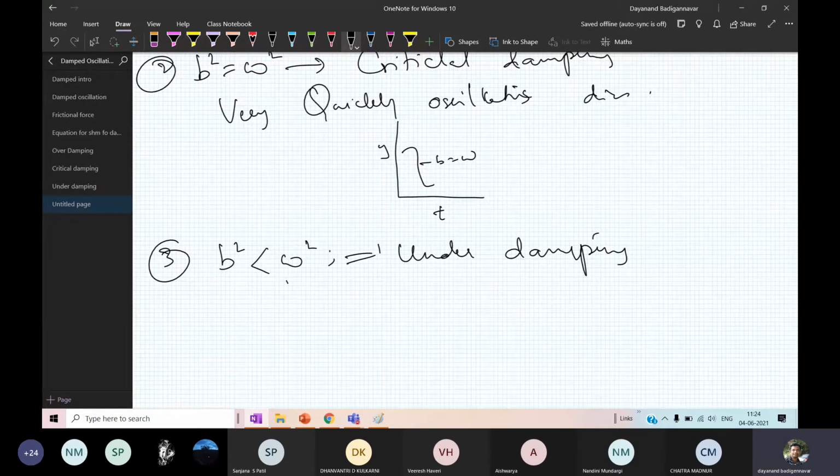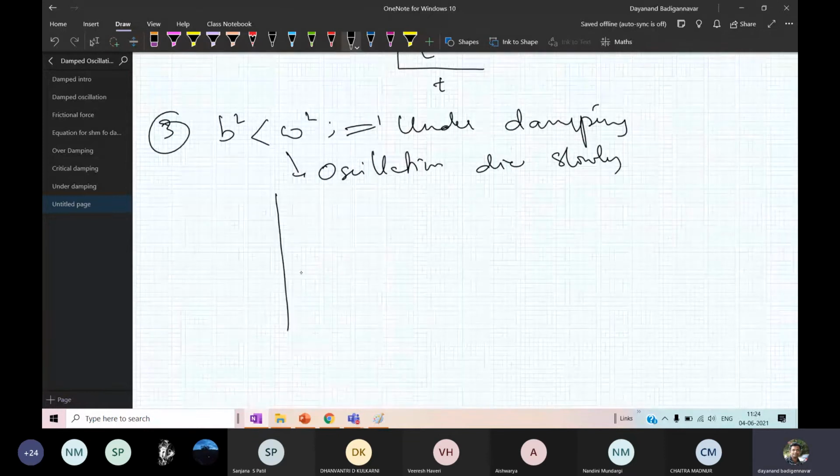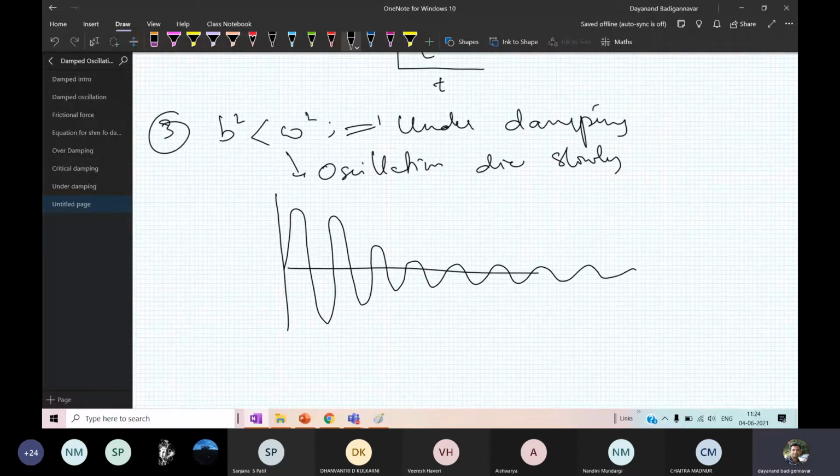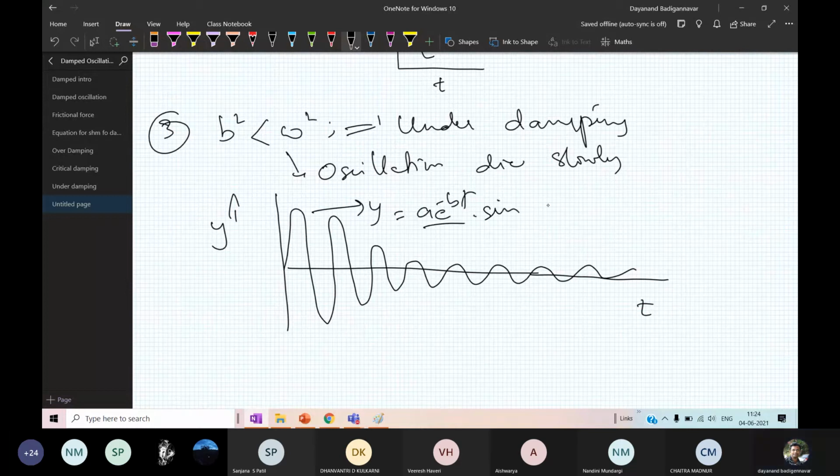If I plot a graph, you get this graph. As time goes on, the amplitude slowly goes on decreasing over time. Clear? So all the things I have done in detail.